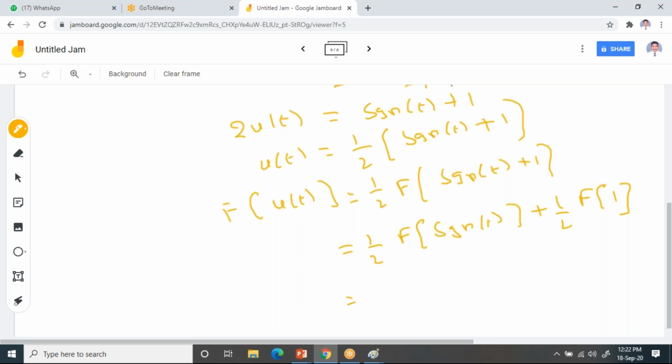Now tell me, what is the Fourier transform of the signum function? Already we discussed this. Unmute yourself and tell me. 2 by j omega. 2 by j omega, right? Then what is the Fourier transform of a DC signal with an amplitude A?